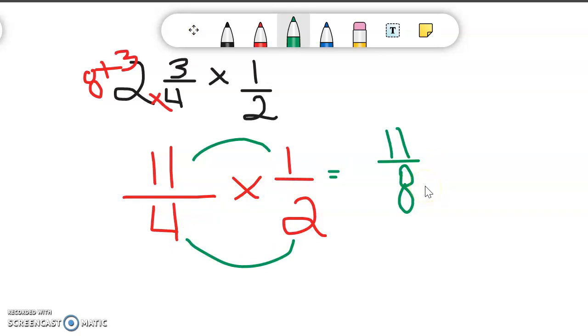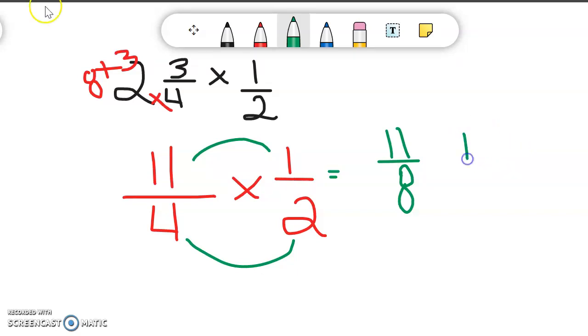What do I need to do to 11/8 in order to get my final answer? What operation? I need to simplify it. What operation am I going to use to simplify it? I'm going to divide the numerator by the denominator.